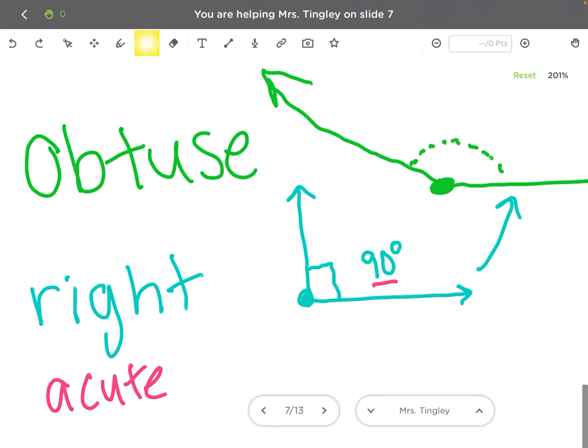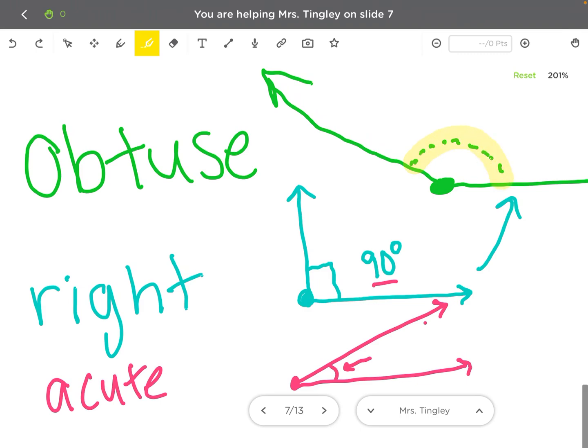Now it might still be really long. Actually, I'm going to draw this a little bit more this way. But the rays are really close to each other. And the angle right here is really small. That is called an acute angle. It is smaller than a right angle.